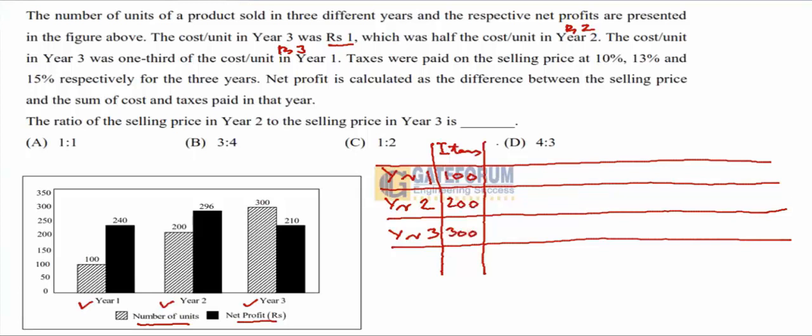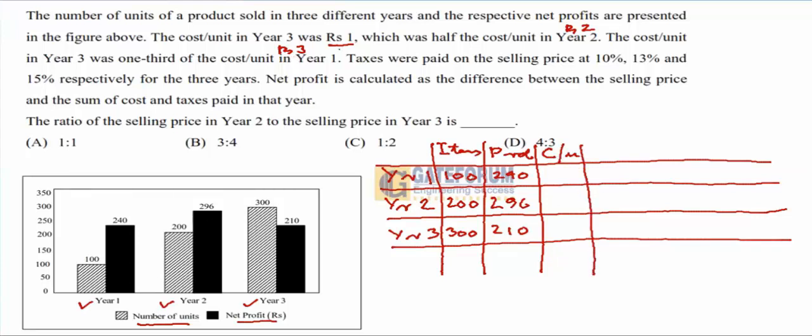The next is the net profit. Let us quickly put it in: it's this dark shaded 240, 296 and 210. Then it is the cost per unit. We already found that out.